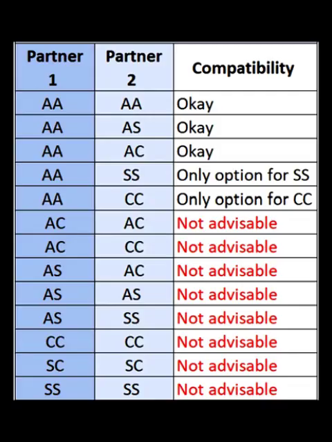But it's okay for someone who is AS to marry someone that is AA. It's okay for someone that is AC to marry someone that is AA. You get? So it's very important that we first run to the hospital, to the laboratory, and get our genetic testing to know our genotype.